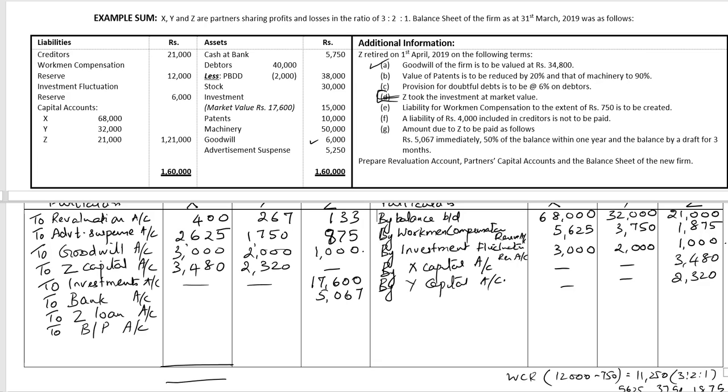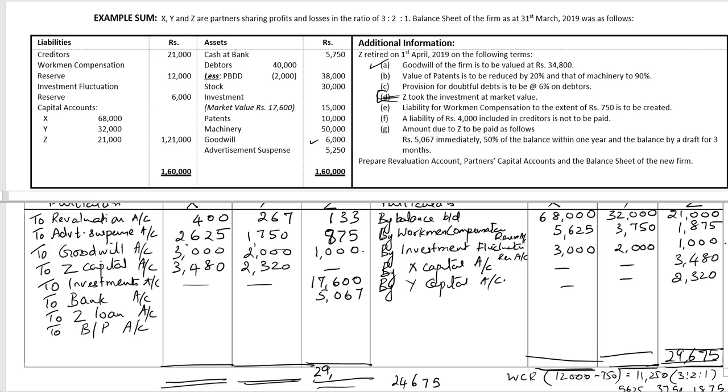So let's balance the accounts. In the case of Z, credit side total 29,675, and debit side total for Z is coming to 24,675.